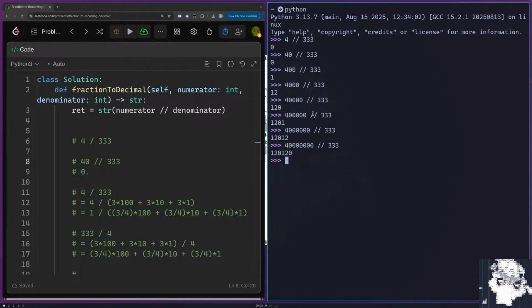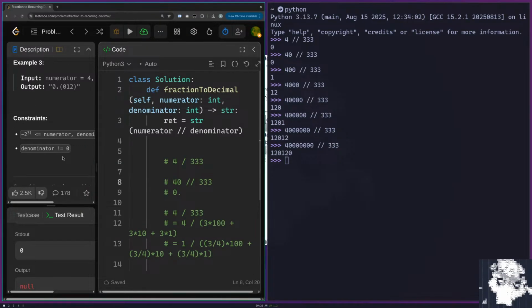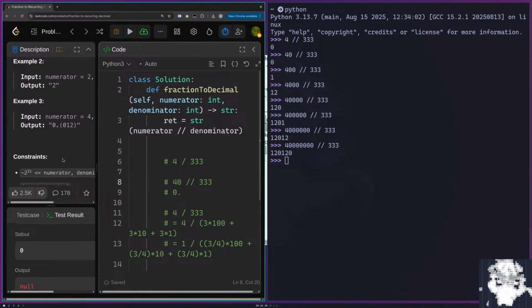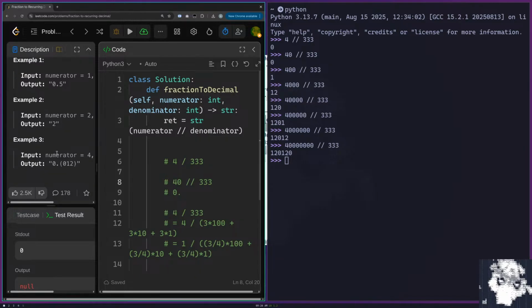Wait, this is giving us the sequence we want. I'm not actually sure why. Something I do remember from long division is that once it starts repeating, it keeps repeating.